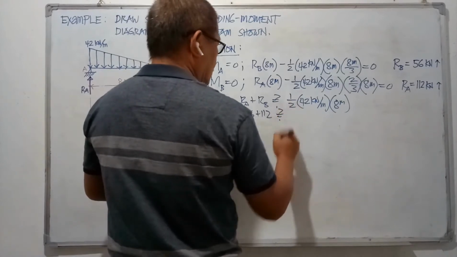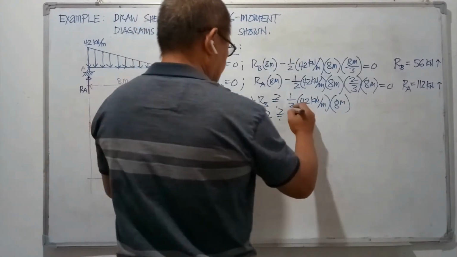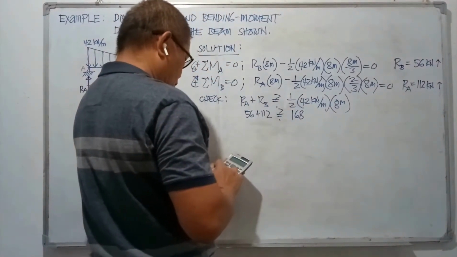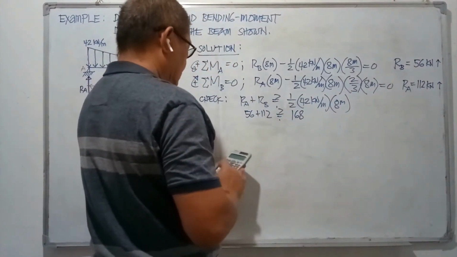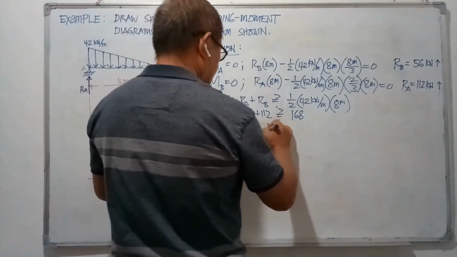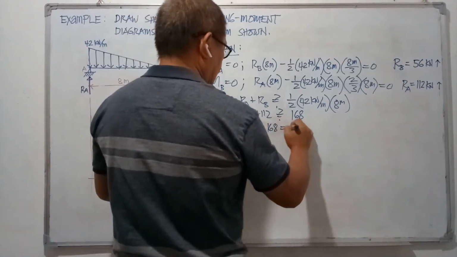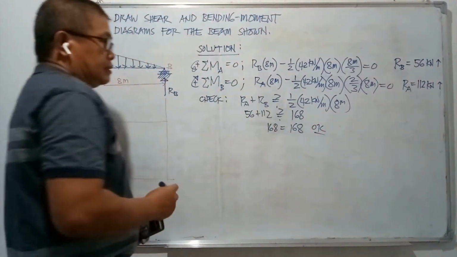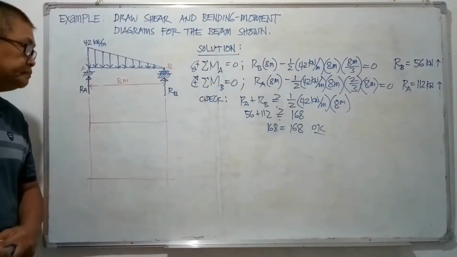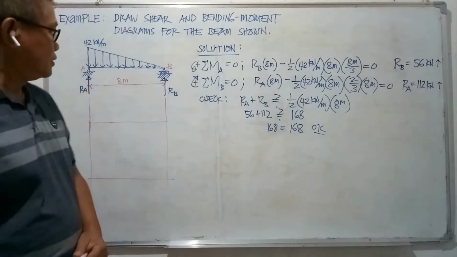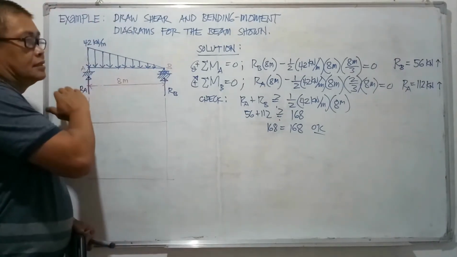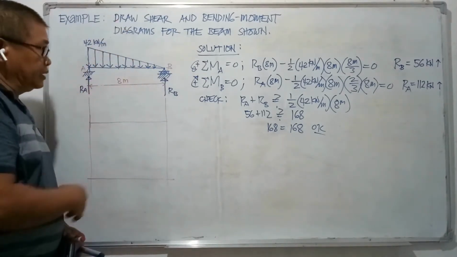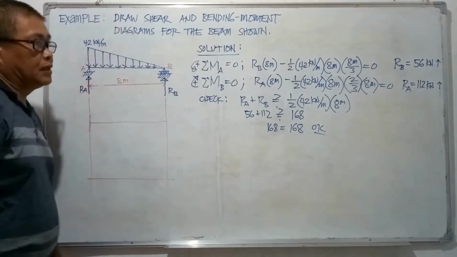Is this equal to 168? 112 plus 56 is 168. So it's okay. There is equilibrium along the vertical direction of the forces. The sum of the reactions is just equal to the total applied load.